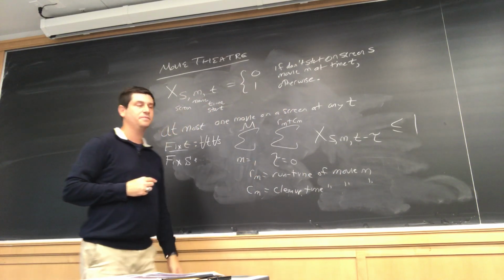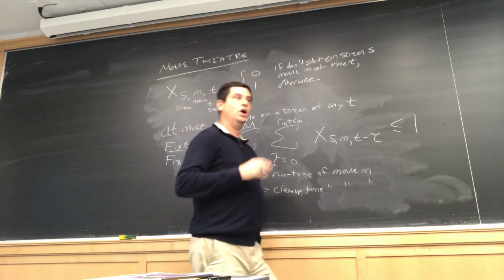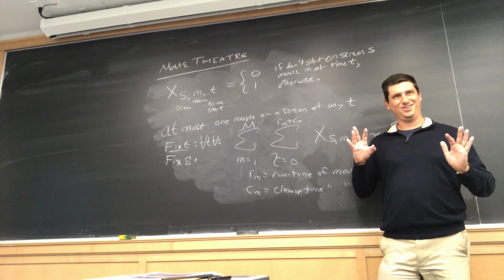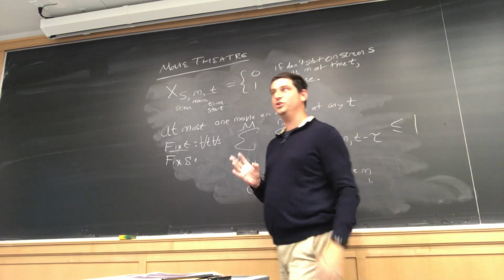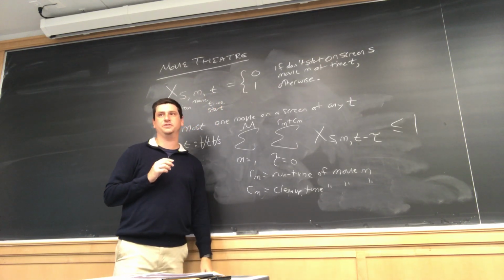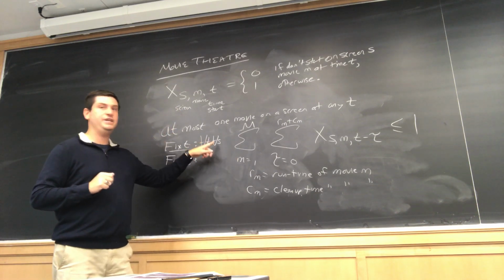Yes? I'm just a little confused. If you were writing this up in a program, you would just exhaustively go through if statements and see... If statements are even worse. We will learn how to do if statements later, but if statements are a huge computational cost. So right now, this must be true for every t and for every s.